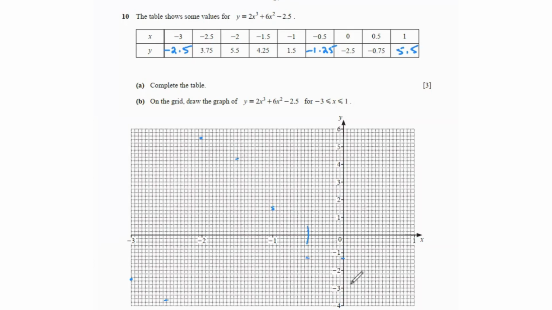Then 0 and -2.5. That is this. And 0.5 and -0.75.